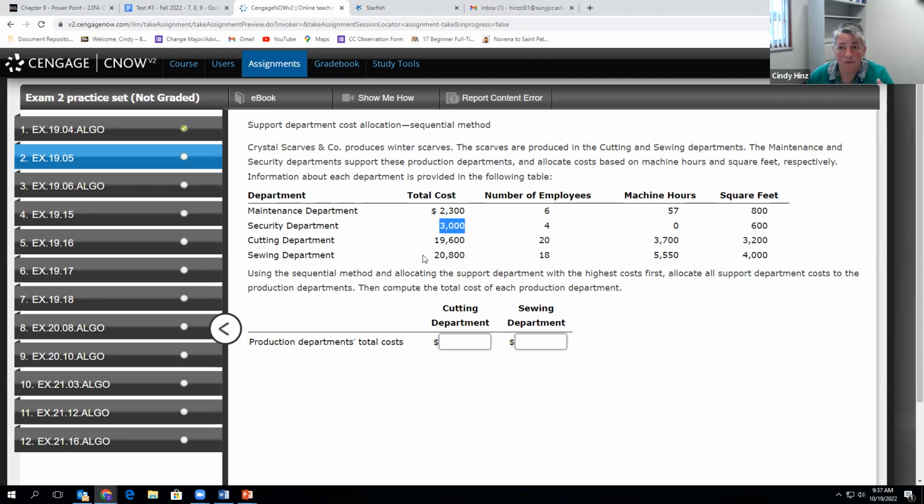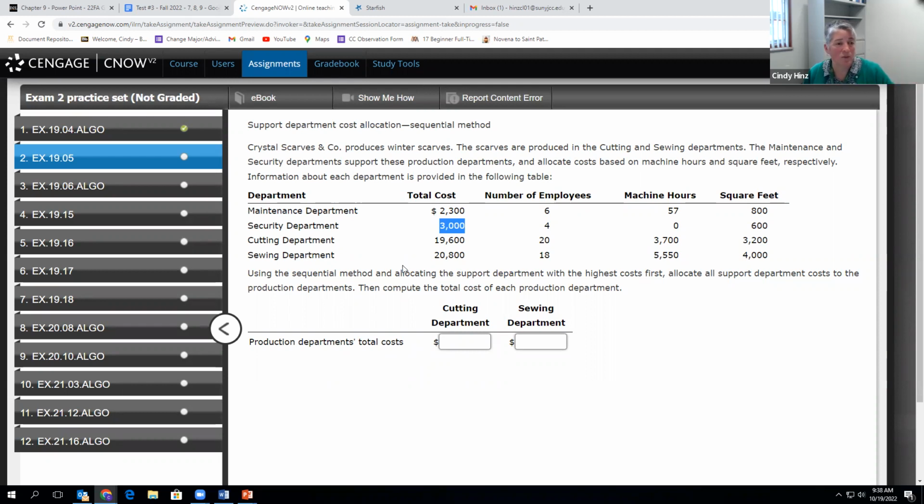We're going to eliminate or fully allocate one department at a time. This could easily be used for a company that has more than two support departments. That's also true for the direct method. Very easy to use that for companies that have 5, 10, however many support departments.